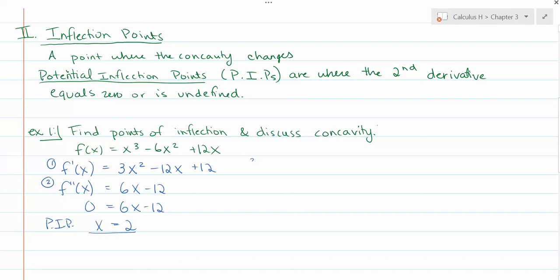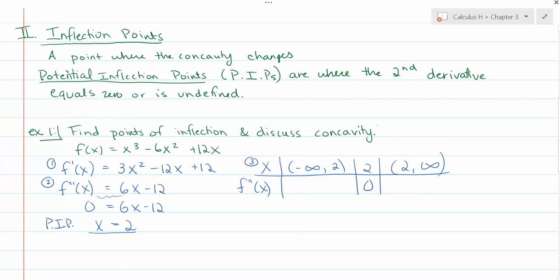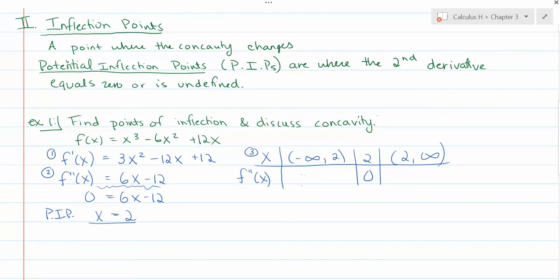I'm going to set up my chart, except now it's with my second derivative, going from negative infinity to 2 to infinity. A value less than 2 that we could plug in would be maybe 0. If I plug it into my second derivative, you can see that it would be negative. For a value greater than 2, maybe 3, if I plug it into my second derivative, it would be positive.